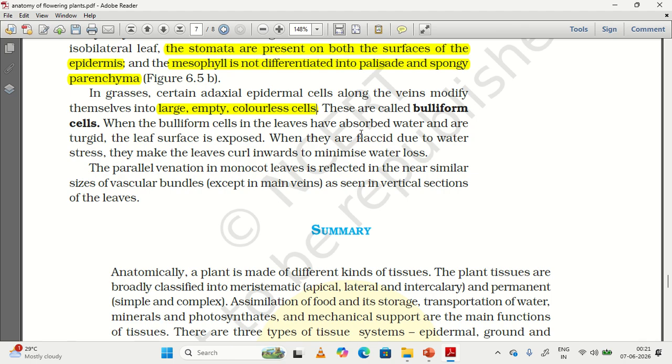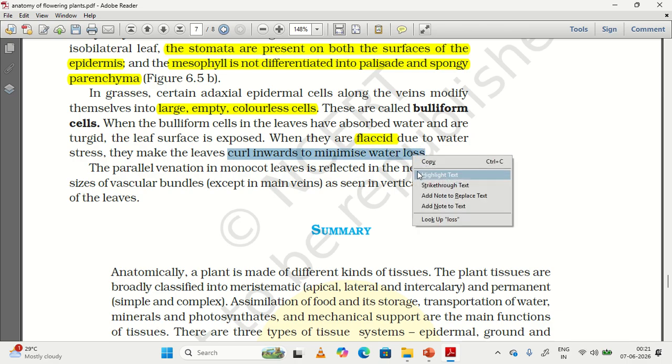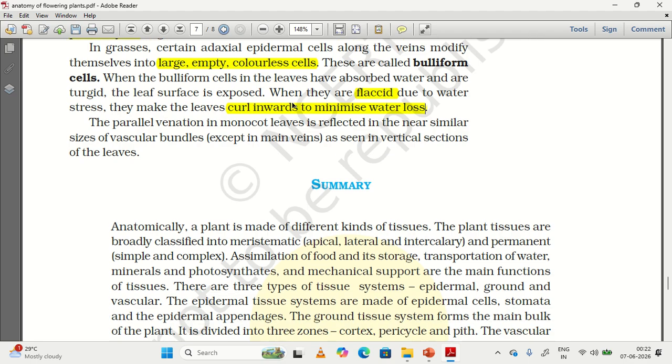When they are flaccid, meaning they lose water, the leaves curl inward to minimize water loss. So the curling and uncurling of the leaves in monocots is because of the bulliform cells. These are large empty colorless cells.